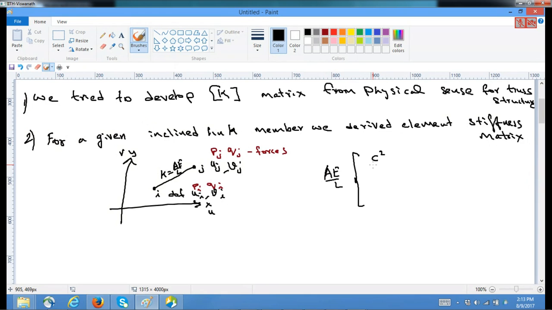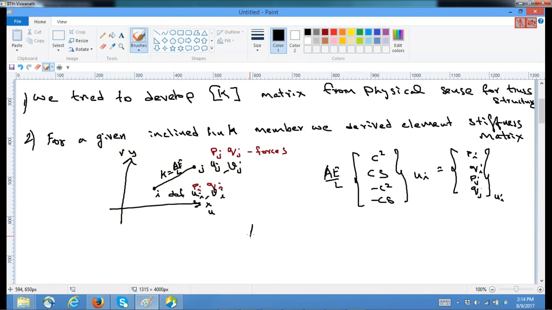We said it is equal to c square, cs, minus c square, minus cs times ui is equal to pi, qi, pj, qj, provided only ui is disturbed, or the degree of freedom 1 is disturbed for this one.